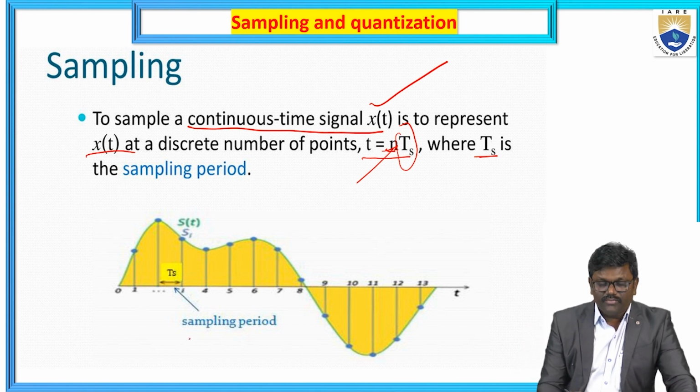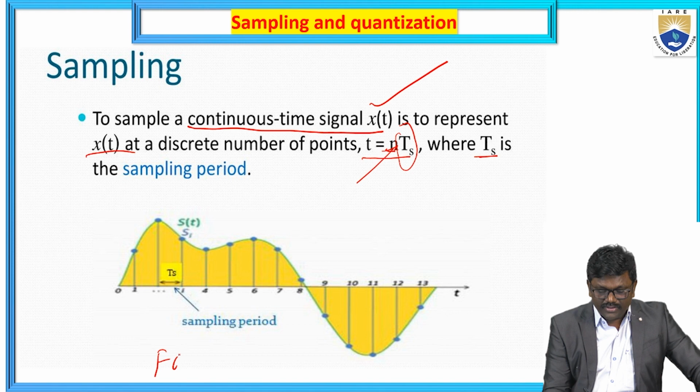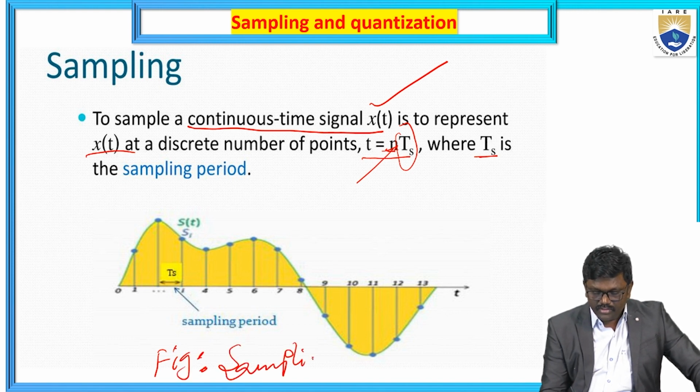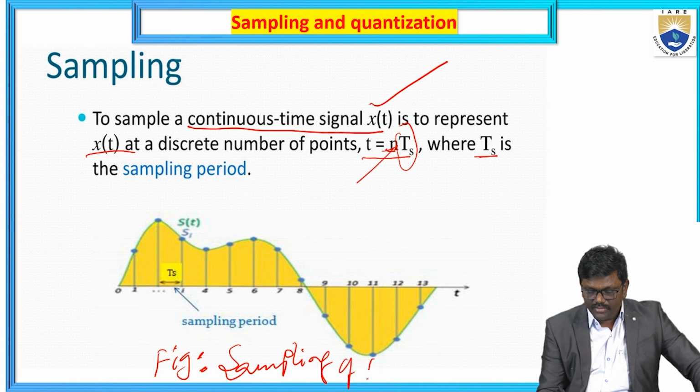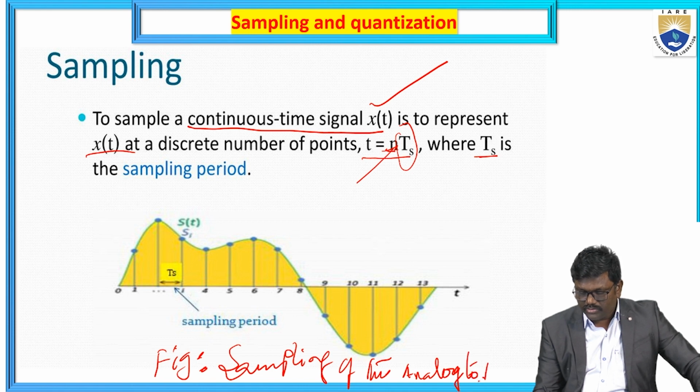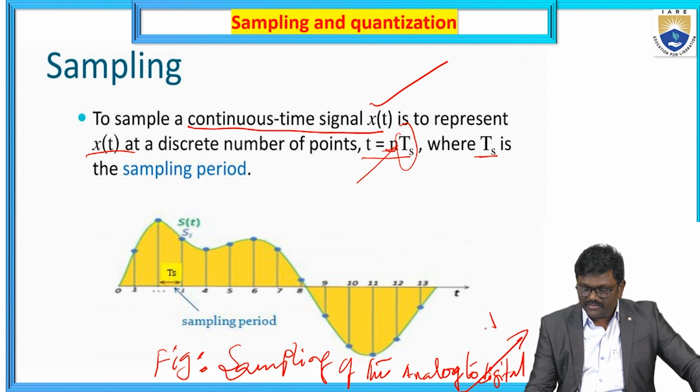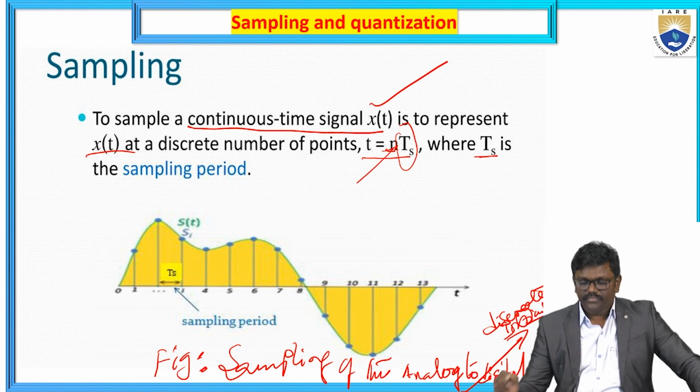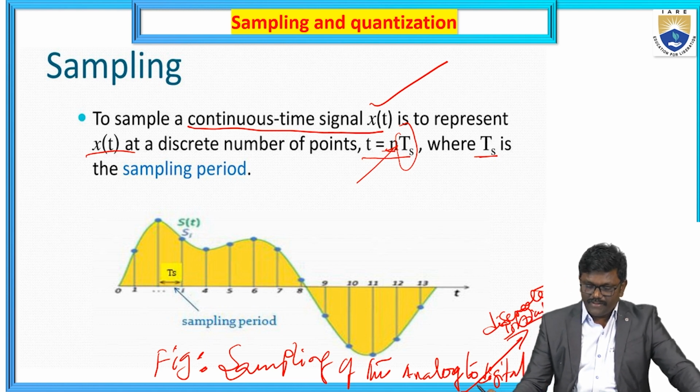Let us take one sample signal. This figure shows the sampling of the analog to digital, where digital means discrete instants.